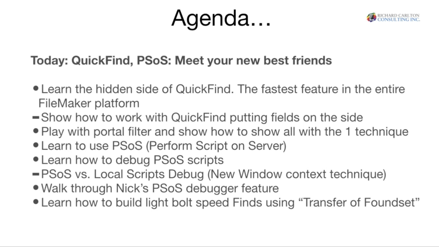I learned this technique of transfer of found sets when I was at FileMaker. Actually, FileMaker Incorporated uses a FileMaker Pro database to track and keep all the bugs they find in the products. Everything is logged and entered into a FileMaker solution.